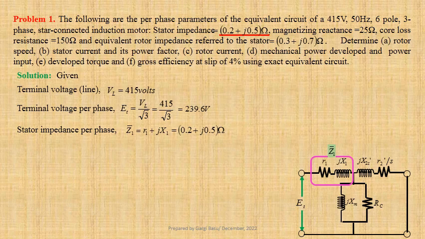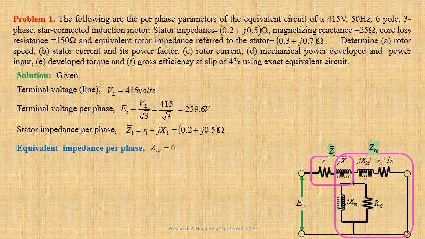We have obtained equivalent impedance per phase ZEQ equals 6.7392 ohm at an angle 20.653 degree. This may be written in Cartesian form as 6.3061 plus j2.377 ohm.